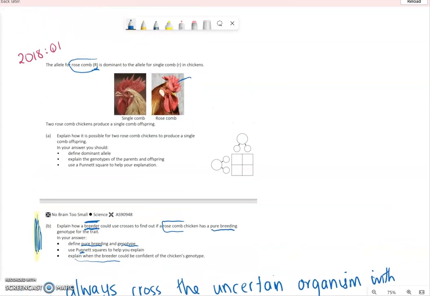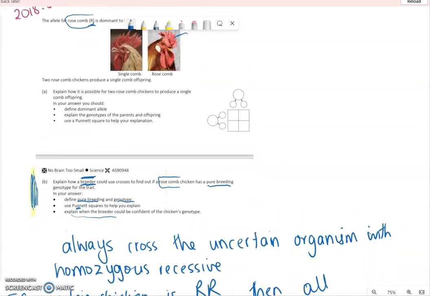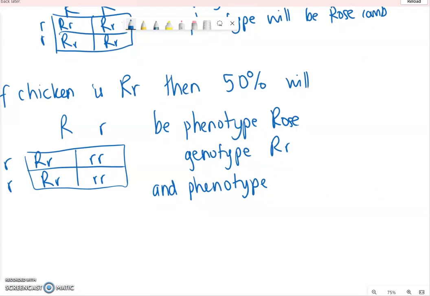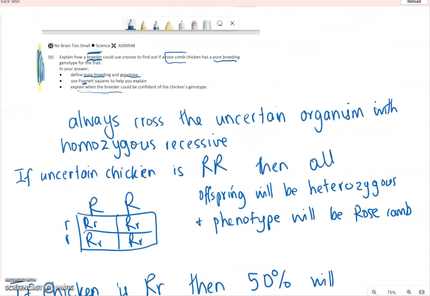What does it say? Single. Single, and genotype homozygous recessive.